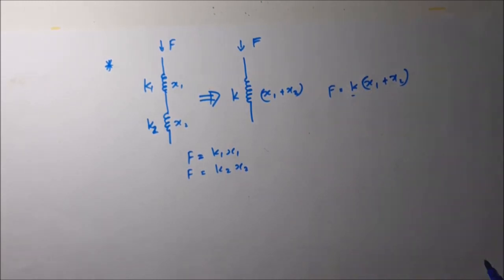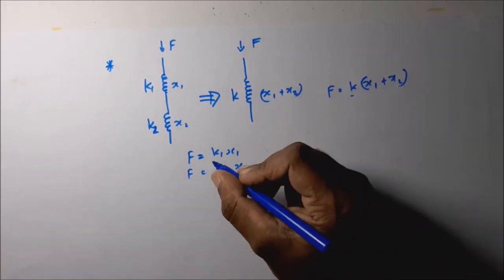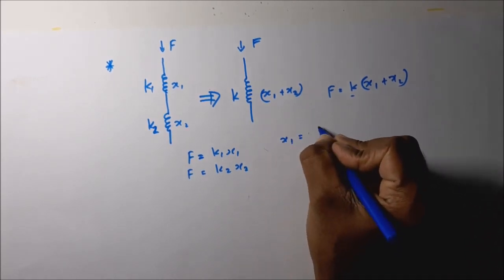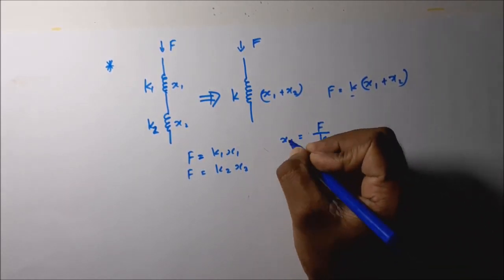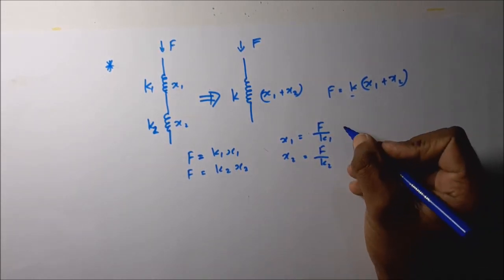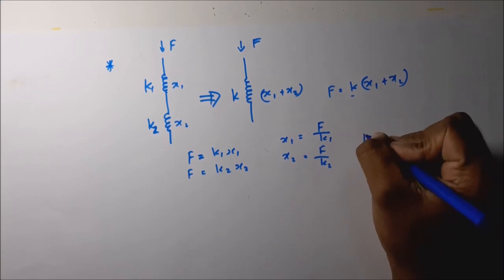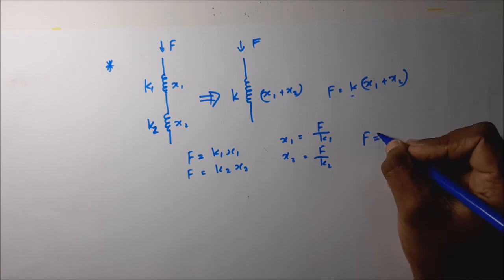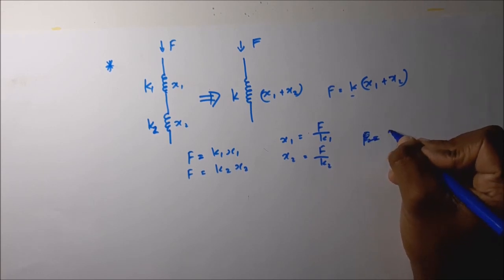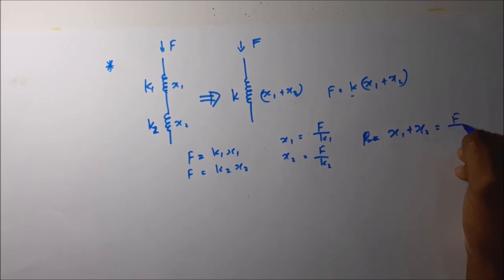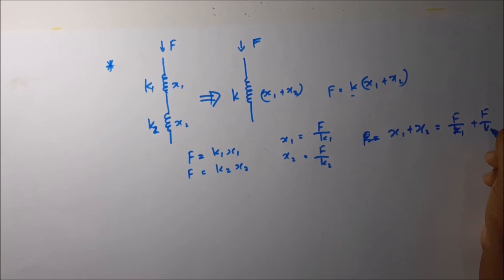So then we are going to find x. How to find x? From these two equations we can write x1 is equal to F divided by k1, x2 is equal to F divided by k2. x1 plus x2 is equal to F divided by k1 plus F divided by k2.